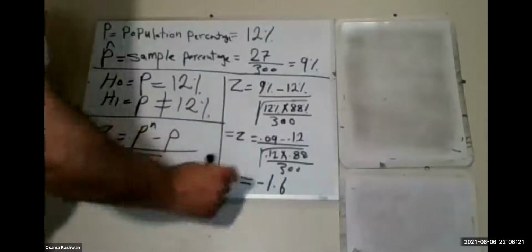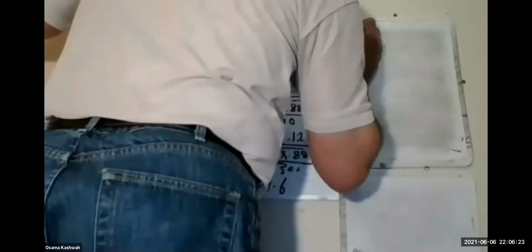We compare numbers with numbers. The next step is we now have Z calculated, to compare like we had before.